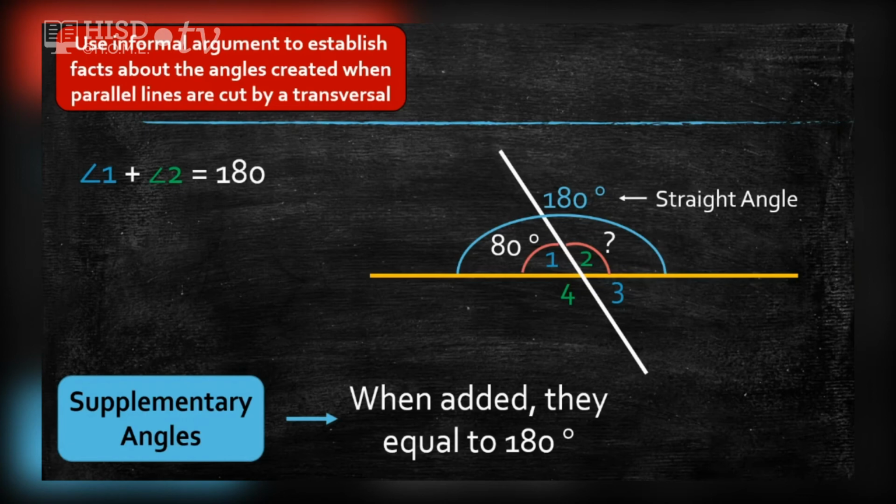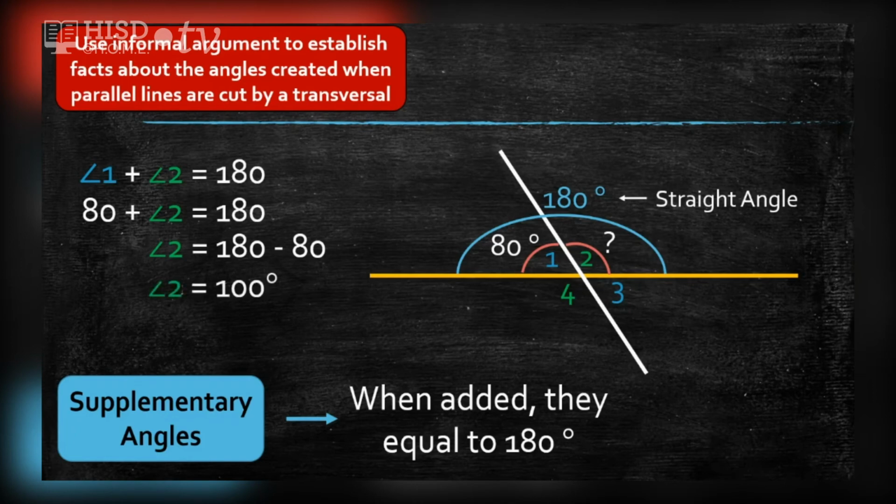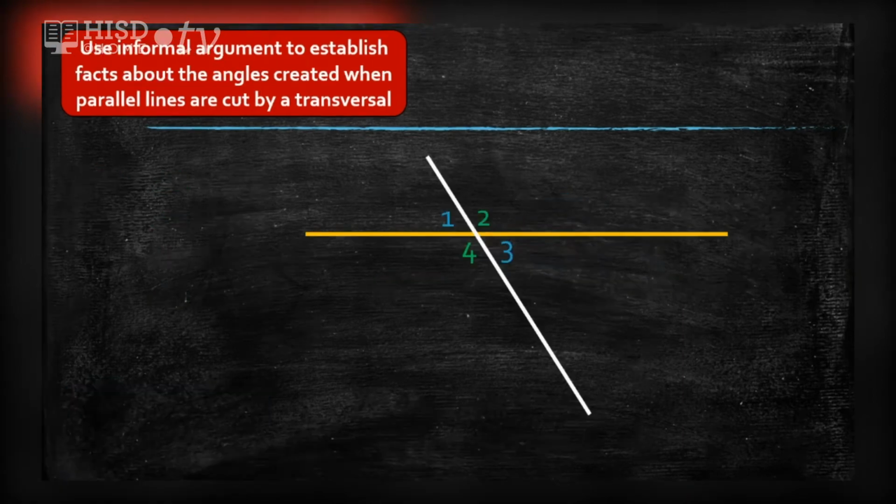And now I can just substitute for angle 1 because I know that is equal to 80. And in order for me to be able to find angle 2, I just have to subtract 80 from 180, and then I'll know that angle 2 is equal to 100. And that's how we solve these type of problems.